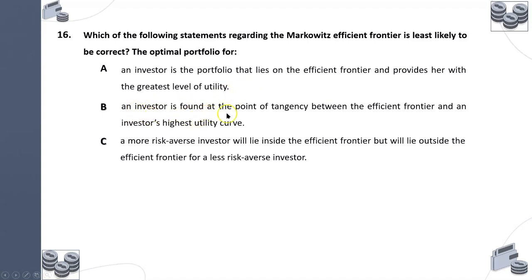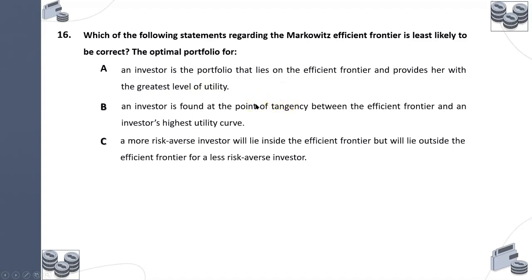B. The optimal portfolio for an investor is found at the point of tangency between the efficient frontier and the investor's highest utility curve. So it is either at the tangency on the efficient frontier or lies on the efficient frontier. These both are efficient. Yes, this is the efficient portfolio.